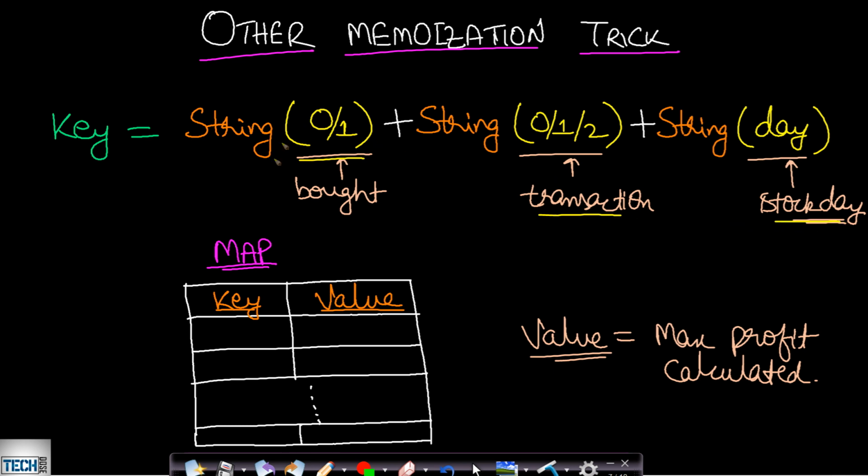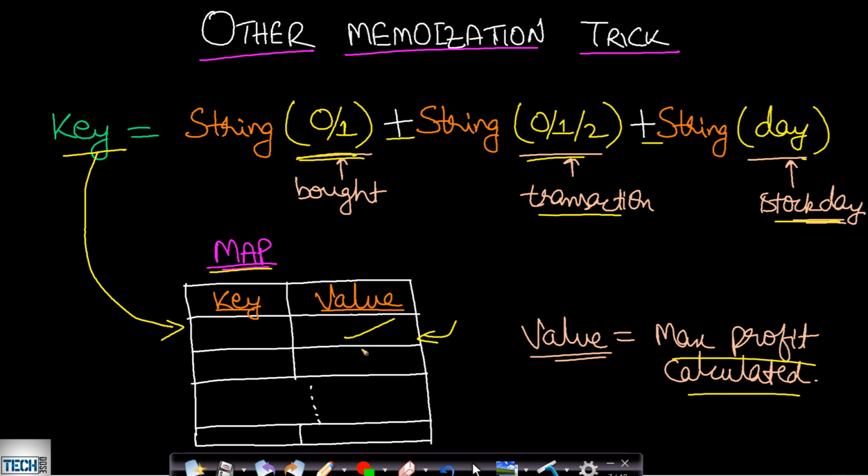So we can combine all these things into a single string by appending them, and we can form a key. Now we can use a map in order to insert this key, and then the corresponding value, which will be equal to the maximum profit calculated combining these 3 states, can be stored as a value. So we can insert these calculated values in the map, and whenever we hit the same key again, then we can just see the value and we can return it.